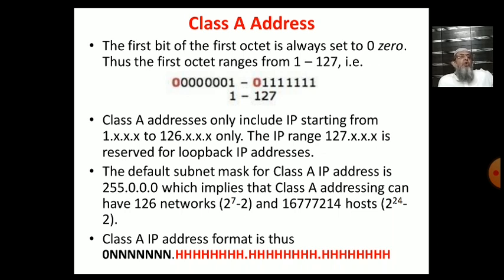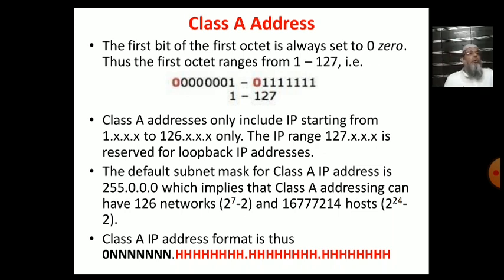And the default subnet mask of a class A IP address is 255.0.0.0, which implies that a class A address can have 126 networks, 2 raised to 7 minus 2, and 16,777,214 hosts, that is 2 raised to 24 minus 2.